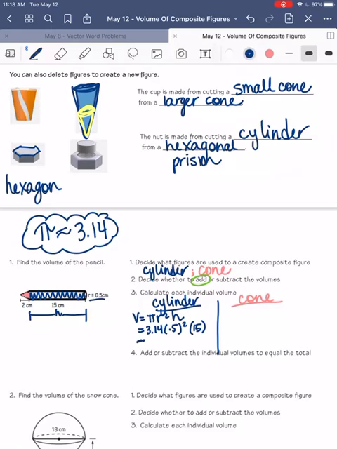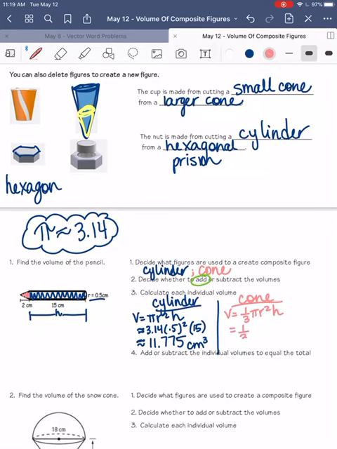Okay, so let's type this in. Now I'm going to put approximately at this point. So I'm going to type in 3.14, parentheses, 0.5 squared, parentheses, 15, and then hit enter. I just have to make sure I put the parentheses and everything. All right, and then what was that unit? Centimeters cubed.